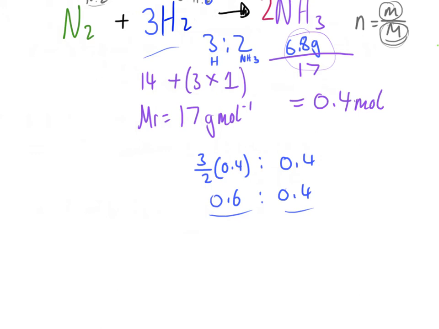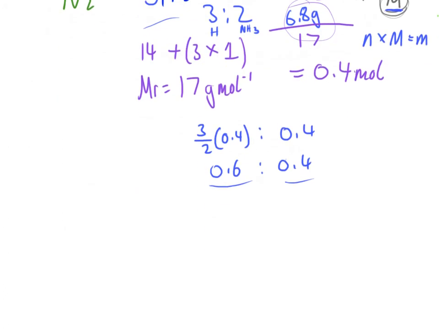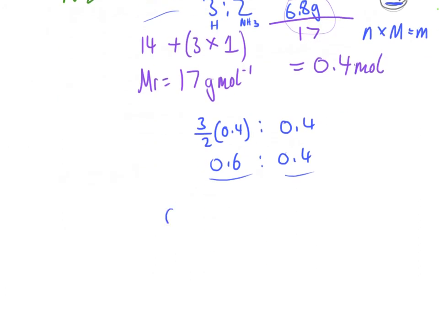The way we do this is we rearrange this equation so that we're solving it for the mass, by multiplying both sides by the molar mass. So number of moles times molar mass gives us the actual mass. So the number of moles, 0.6, multiplied by the molar mass of hydrogen.